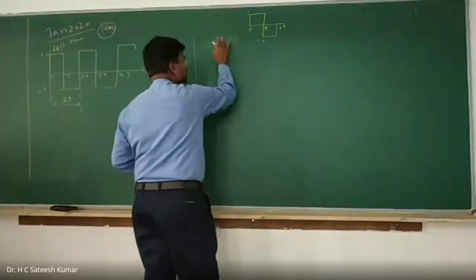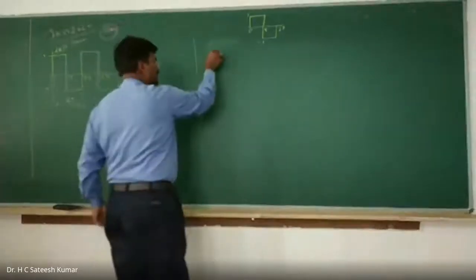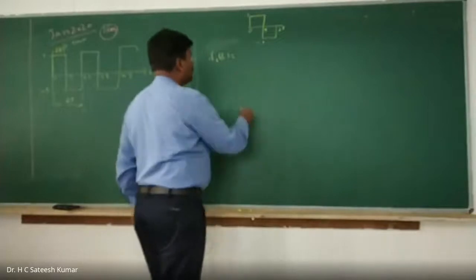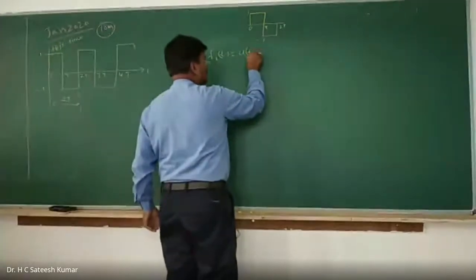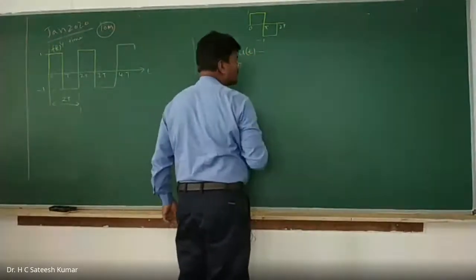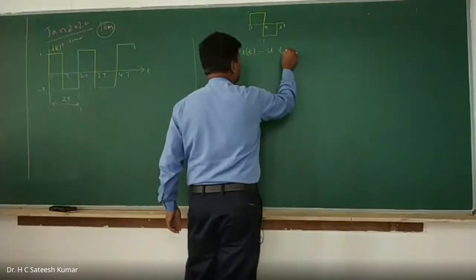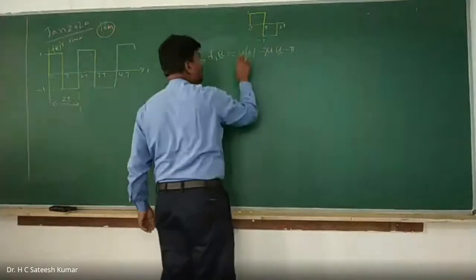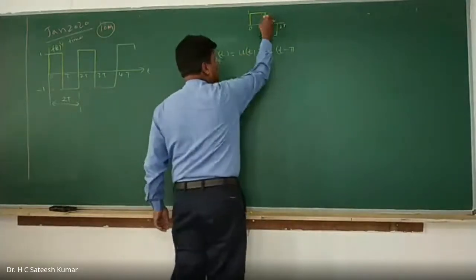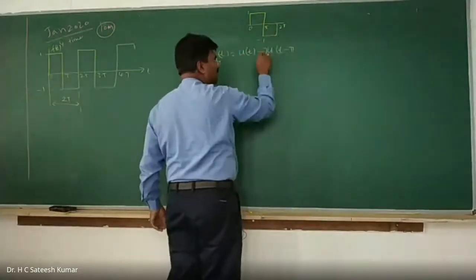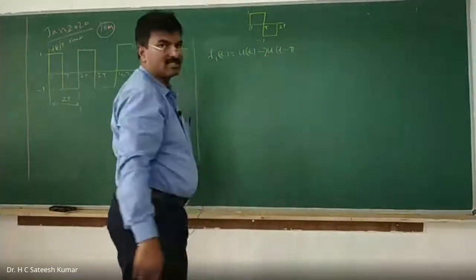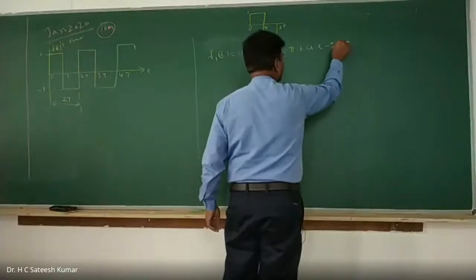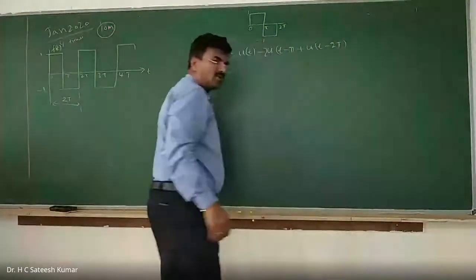So what can you write? f1 of t is equal to u of t minus 2 u of t minus T plus u of t minus 2T. Because up by 1 unit, u of t at 0. At T, it comes down by 2 units, so -2 u of t minus T, plus u of t minus 2T. This is your f1 of t.